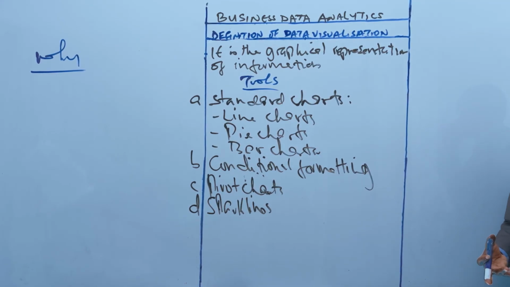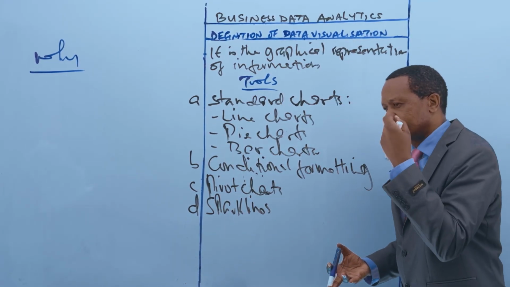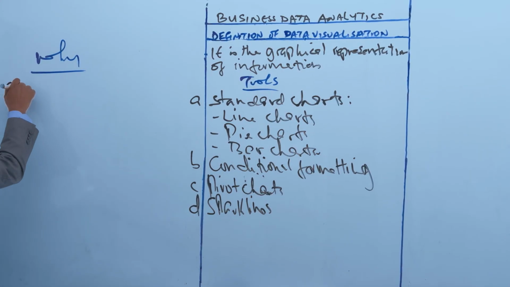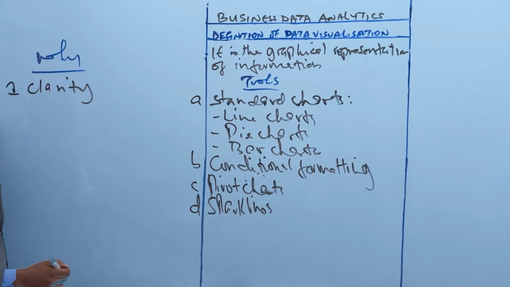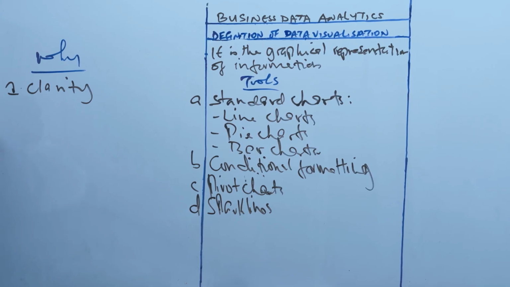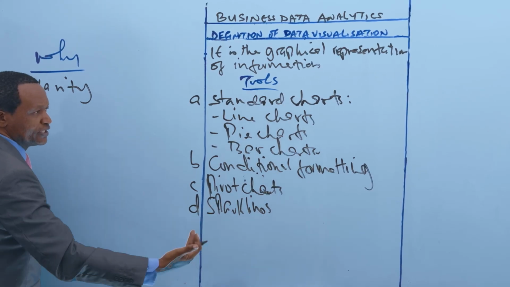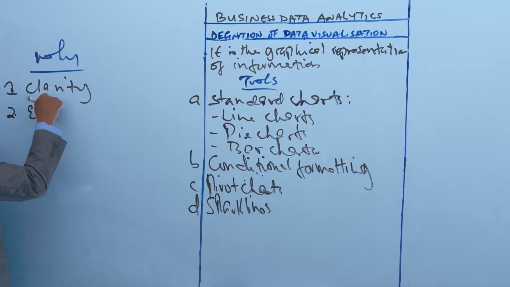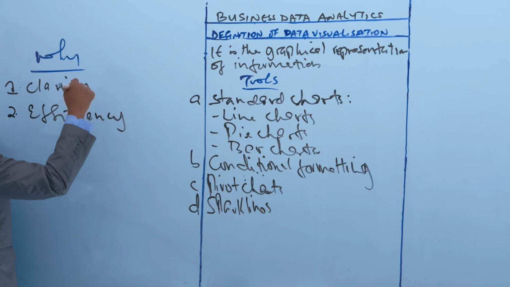So visualization solves three specific problems. One is clarity, then the other one is efficiency and discovery. Number one, clarity. Visuals simplify complex relationships. For example, you may have a scatter plot that immediately shows if there is a correlation between, say, advertisement spent and sales. Number two, efficiency.